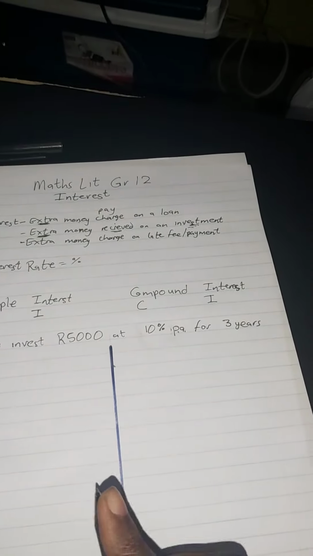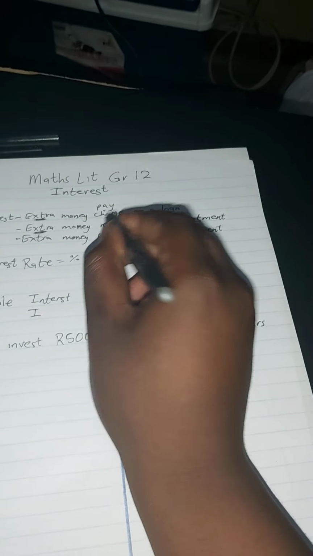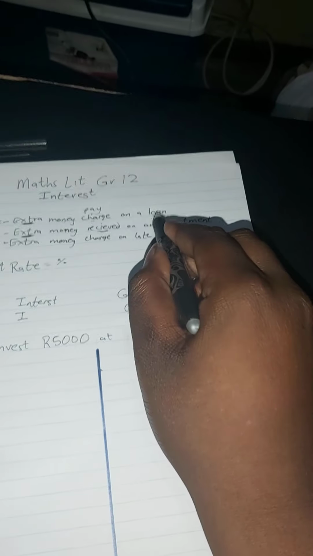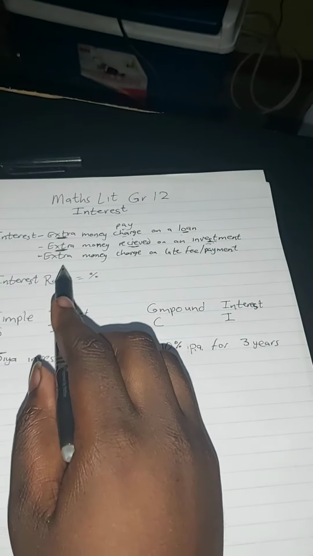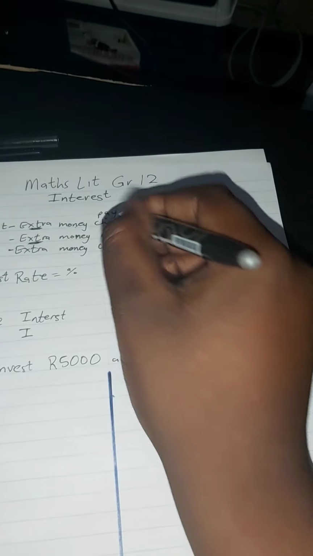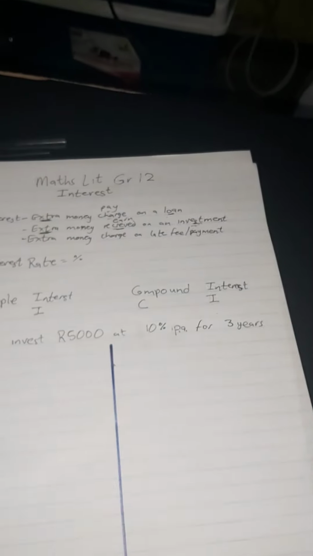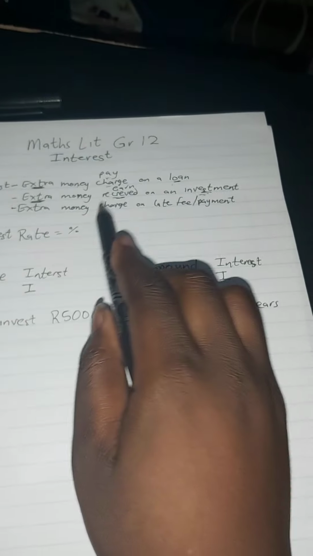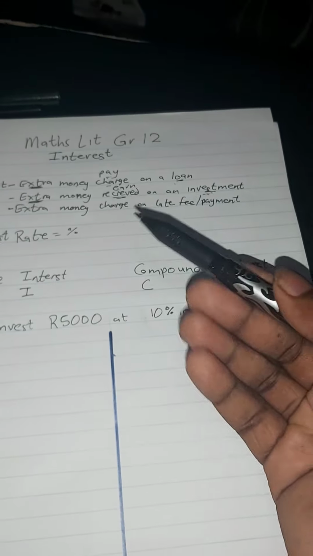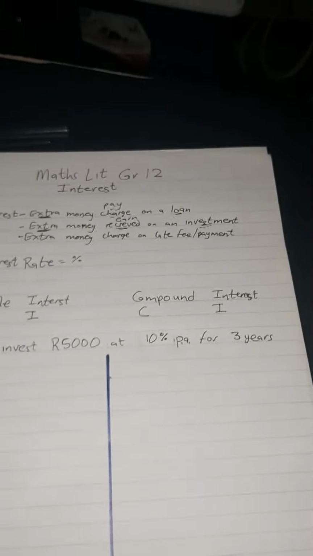So I want you to take note: in a loan, it's the extra money that you must pay or is charged on top of your loan amount. And on an investment, it's the extra money that you're going to earn or receive on top of your investment amount. And then the third definition is the extra money charged on late fees or late payments or any service.